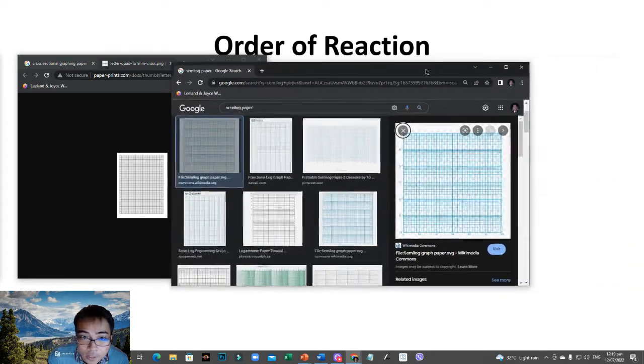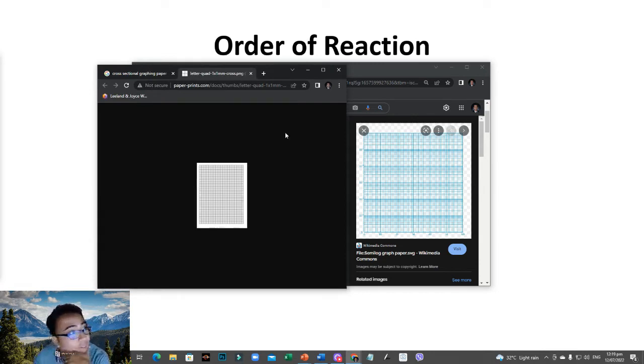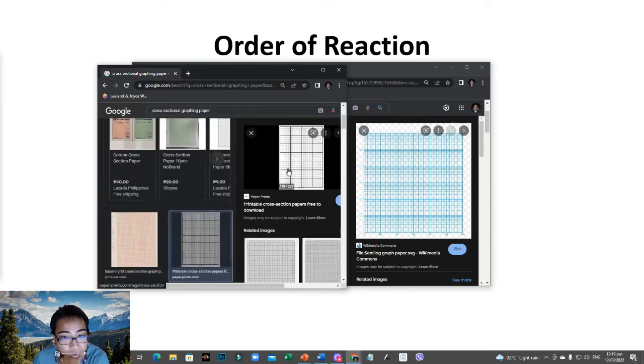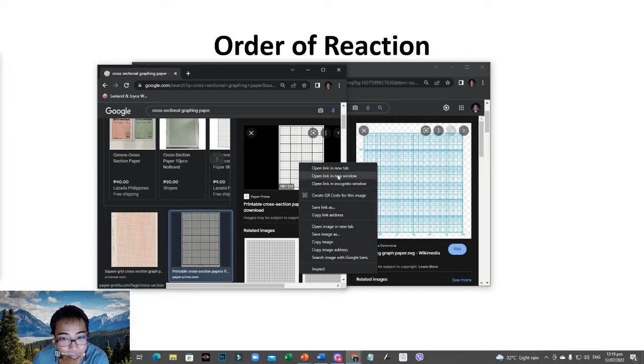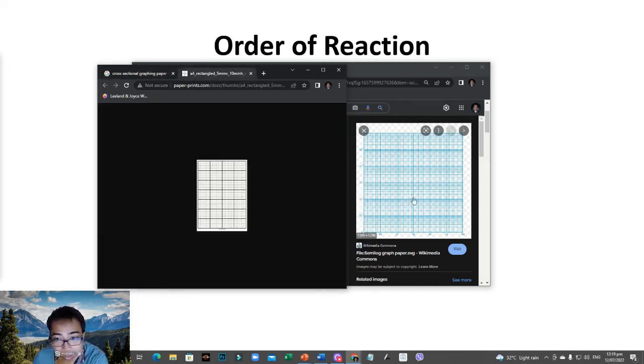Compare that to this one. Anong mapapansin nyo class na difference? Okay, what have you noticed, class?